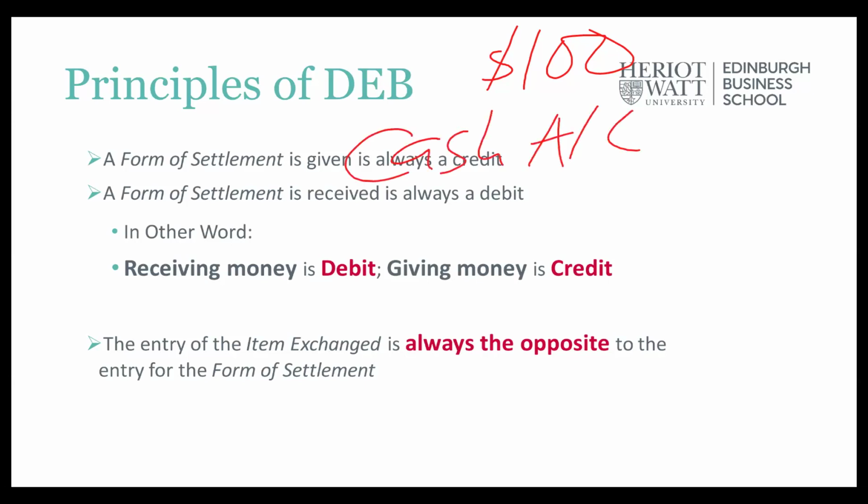Right? You're following? Then the cash account in this case, since you are buying, okay? The cash account is in need of what? It is giving this time around. Okay.